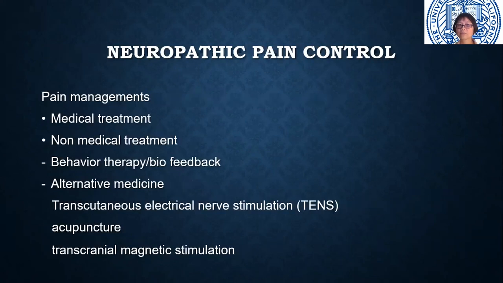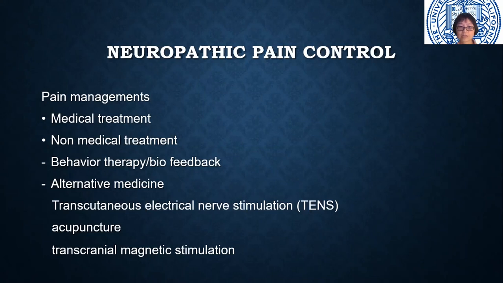Then we send the patient to a pain clinic to specifically address their pain control. The pain clinic has medical choices, all kinds of medications, including oral or infusion medications. But the pain clinic could also offer some non-medical managements, including behavior therapy or biofeedback.